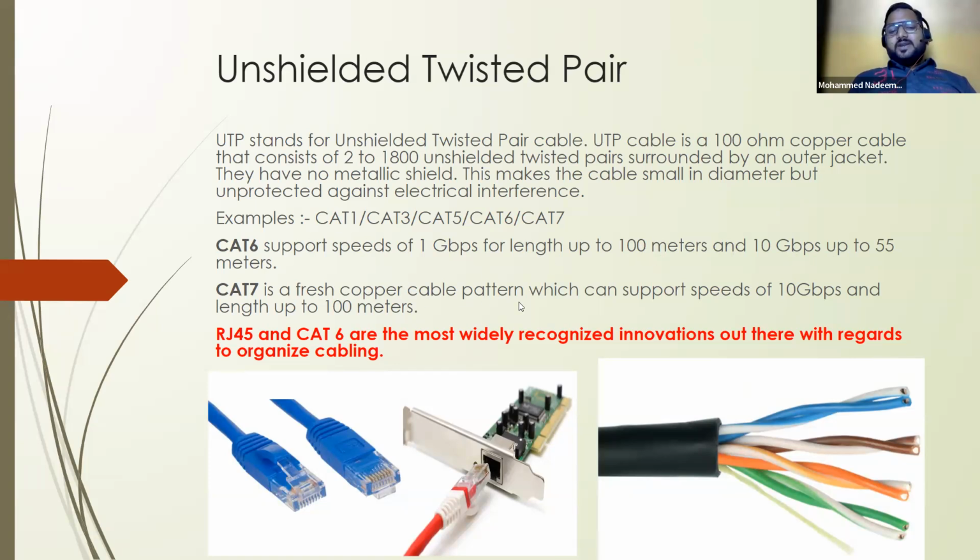Cat 7 is a newer copper cable pattern that can support 10 gig up to 100 meters. If you choose cat 7, you need 10 gig connectivity at both ends: your switch port and your laptop port should be 10 gig. That will be very costly.